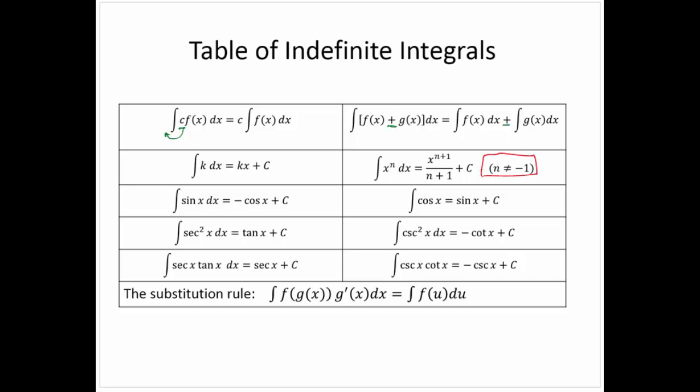A lot of times, if we see a composite function, we will often call that g of x u, and we then have du is g prime of x dx. So there's that g prime of x dx, and notice that in its place is now that du. And that's what we call the substitution rule.